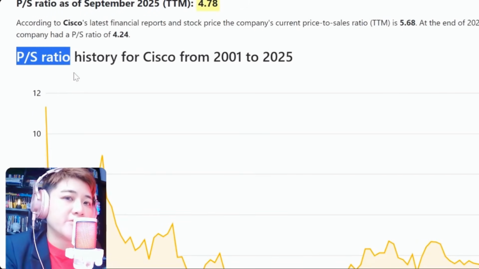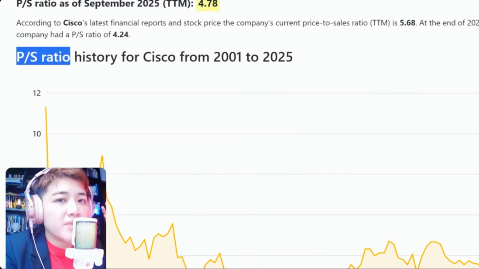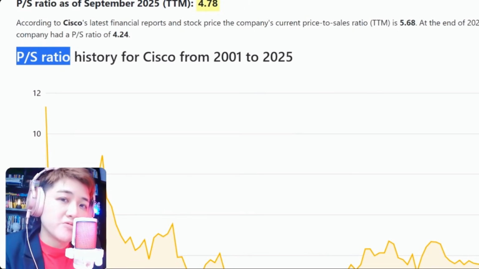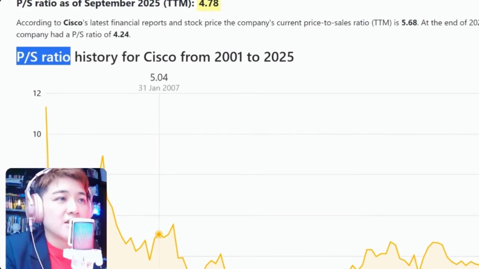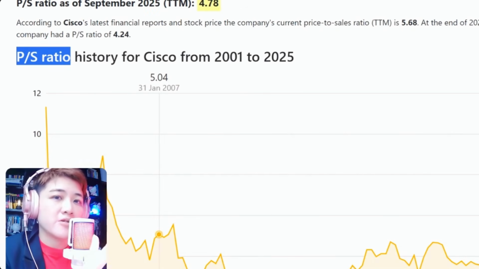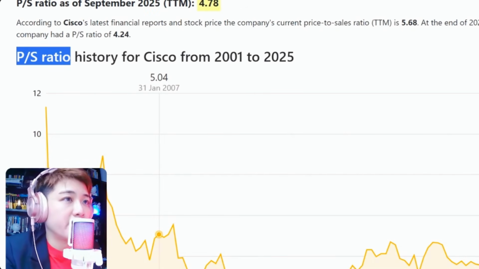Because PE ratio involves earnings, and earnings, if you understand financial statements, can be manipulated. There's a lot of creative accounting going on with depreciation and amortization, as well as recurring and non-recurring items. Non-cash items could also affect the net income. So price to sales ratio is a more fair comparison as compared to PE ratio.